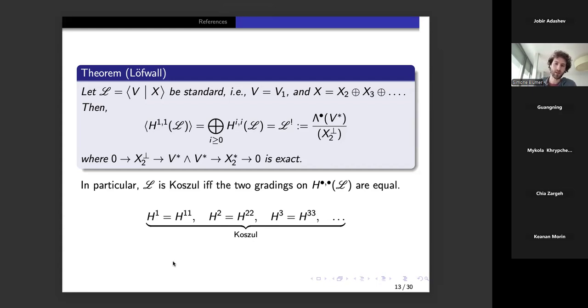So a Koszul Lie algebra is a Lie algebra where all the cohomology groups are concentrated on the diagonal. And so you can see that given a presentation of a Koszul Lie algebra, you find an explicit presentation for its cohomology ring. And the computation you have to perform is just computing a kernel of a map between finite dimensional vector spaces, and it is pretty easy to do.